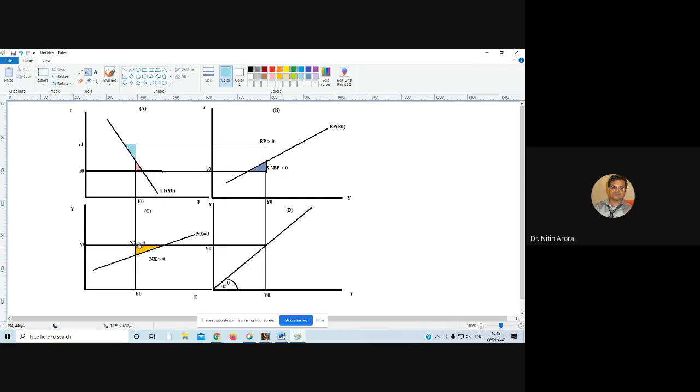It means the current account balance will remain the same, that is still in deficit, NX less than 0.